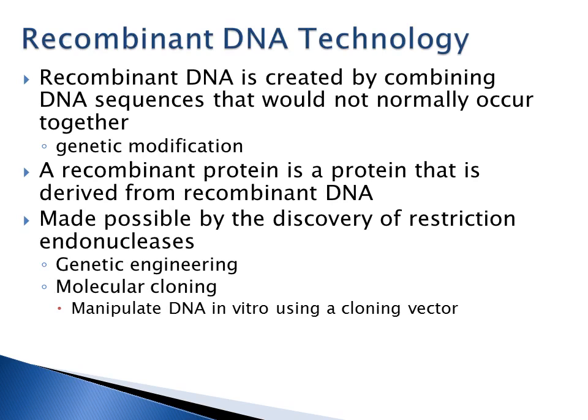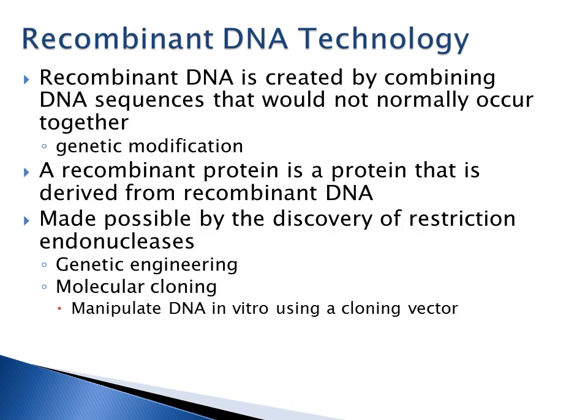So recombinant DNA technology is using recombinant DNA, and recombinant DNA is created by combining DNA sequences that wouldn't normally occur together. So this is a form of genetic modification. When you have recombinant DNA, you would make a recombinant protein, so that protein that's derived from that recombinant DNA.